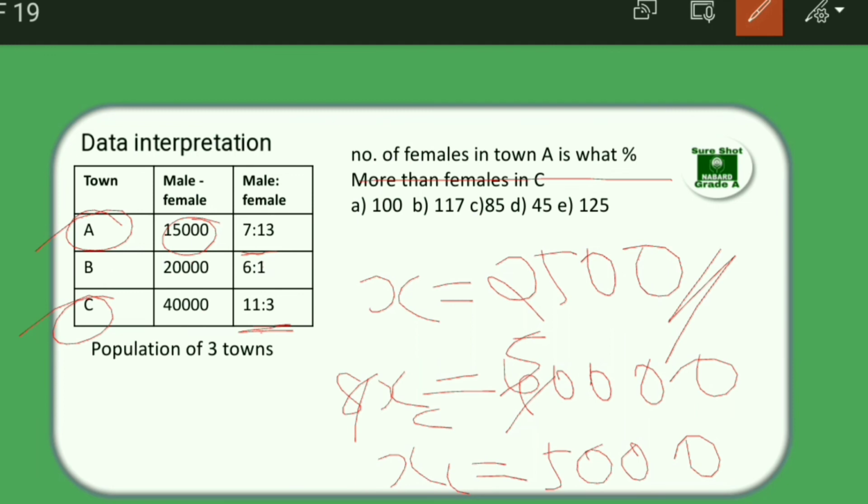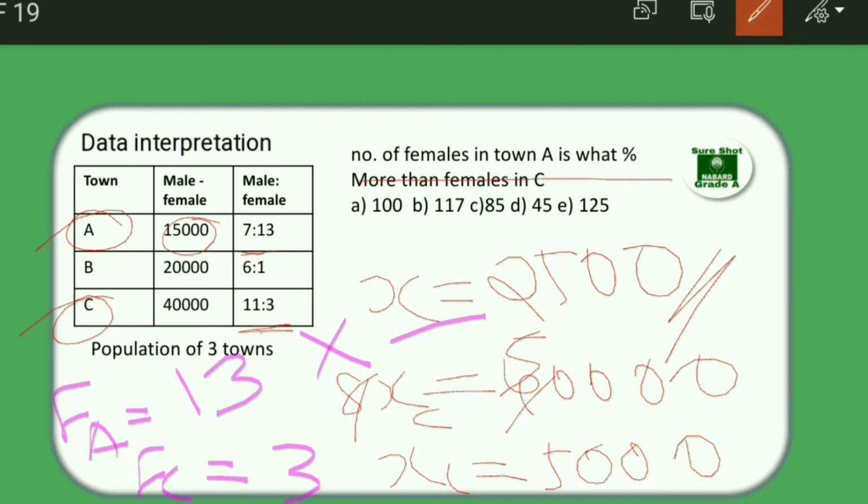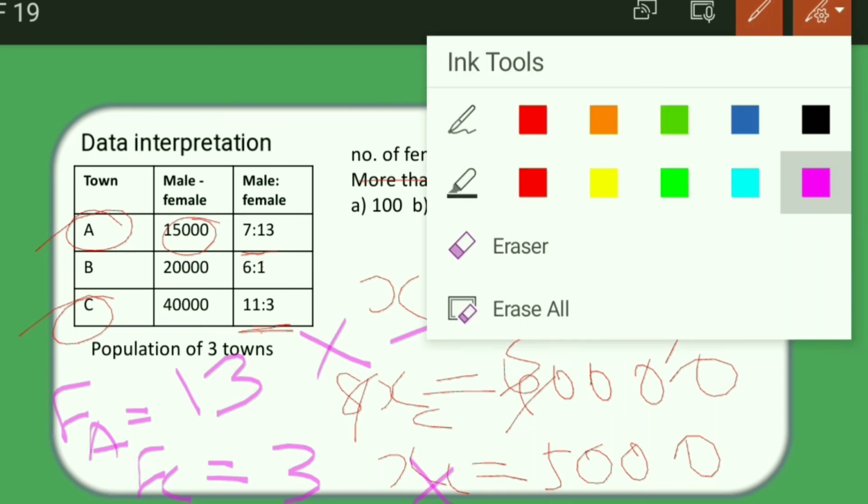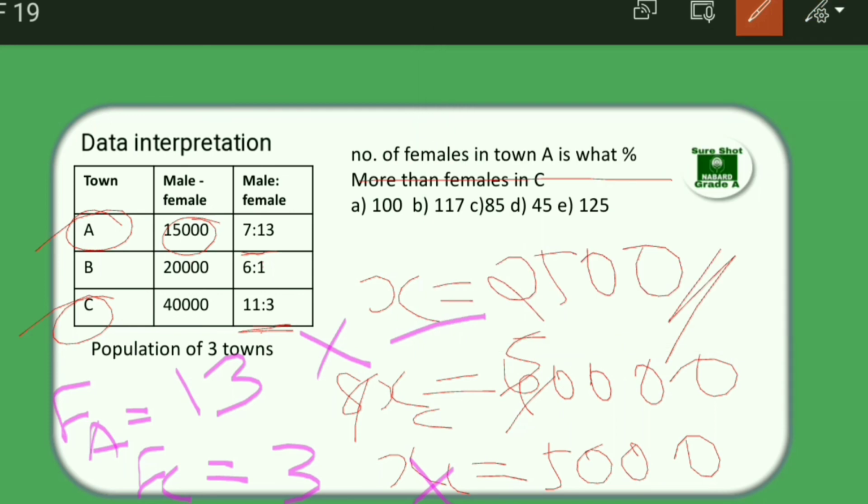Now females in A is 13 into 2,500, and females in C is 3 into 5,000. How much is this? 25 into 13 is 325, so 32,500.